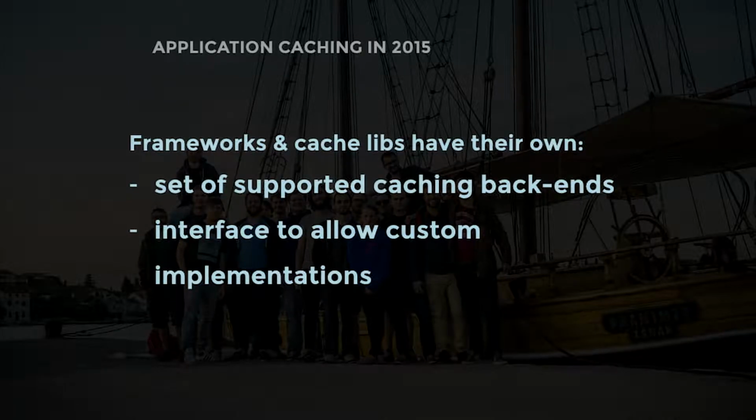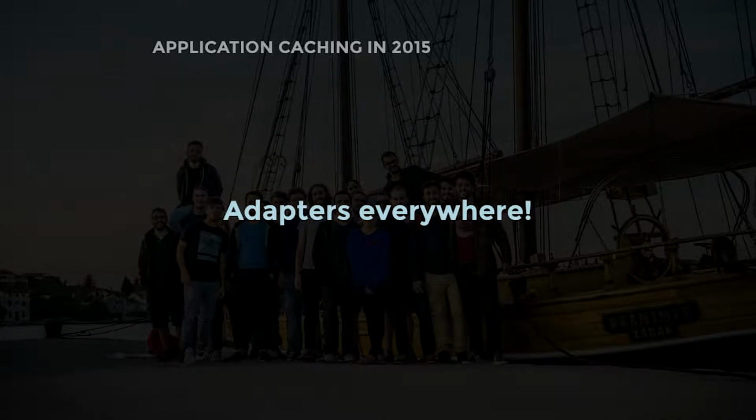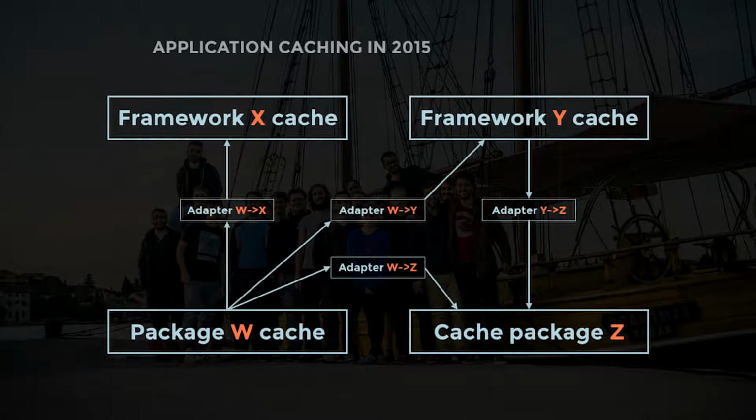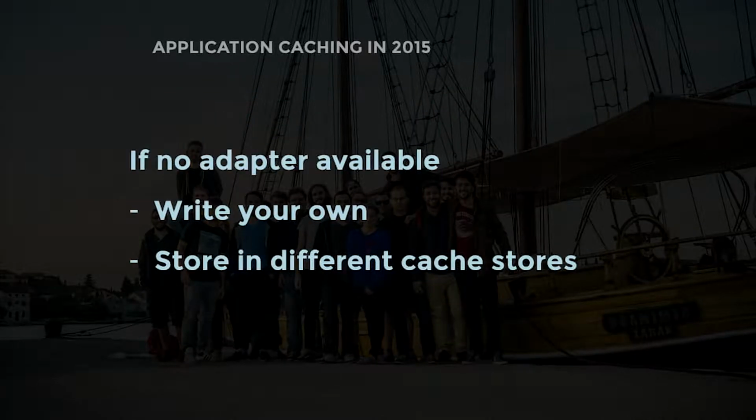Because otherwise you will end up with a Redis store and a Memcache store, and your infrastructure people will hate you for that. So there's adapters everywhere. Adapters between frameworks and libraries, adapters between frameworks and caching packages, all kinds of stuff. And if there's no adapter available, you will still have to write it yourself or deal with 2 different caching stores.